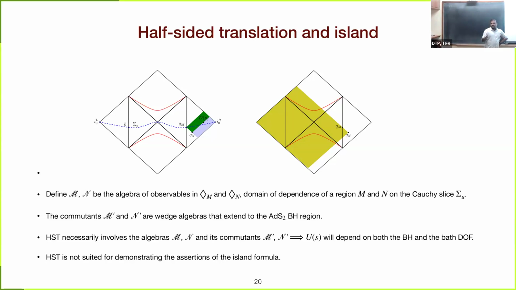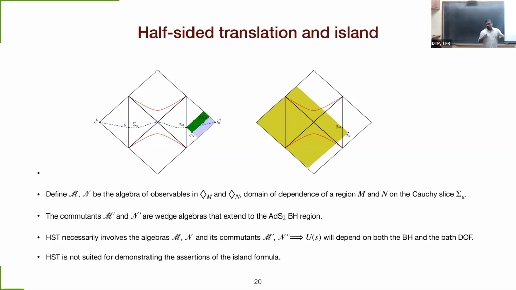The immediate answer is no, it cannot be used, because the commutant will include the degrees of freedom from the black hole region also. The commutant will include the AdS2 gravitational region. So the operator is constructed using both the degrees of freedom from the black hole and the path. From the beginning itself, you can't choose it.